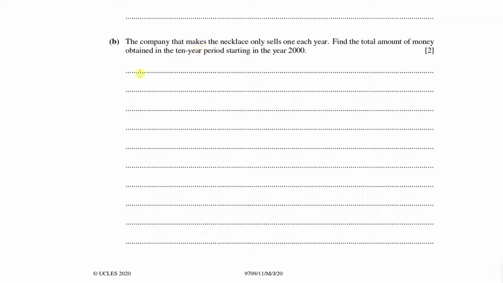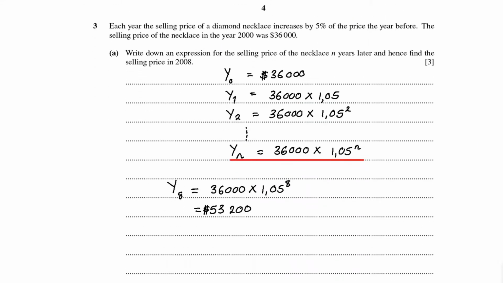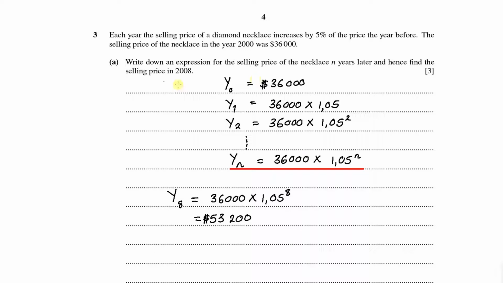So here we are considering a geometric progression, with first term being equal to 36,000. This is the information we have from the first part of the question, that the selling price of the necklace in the year 2000 was 36,000. So that's the first term of the GP.